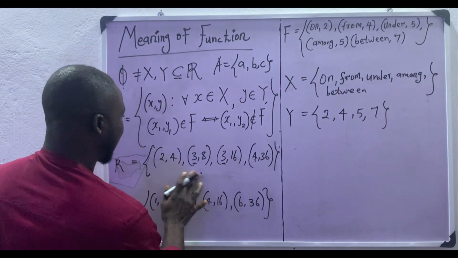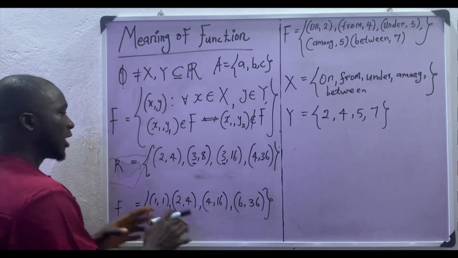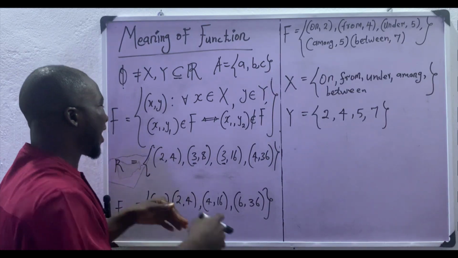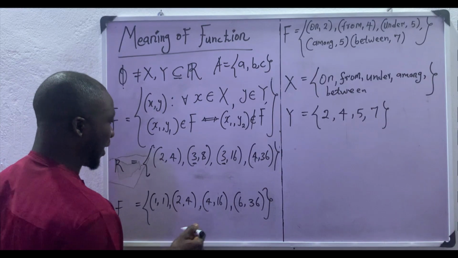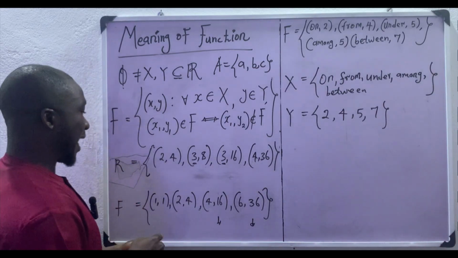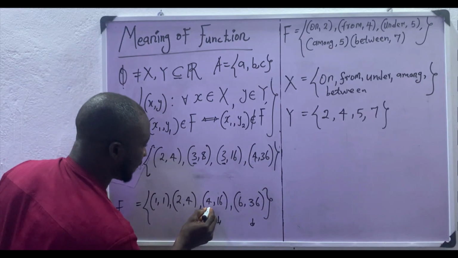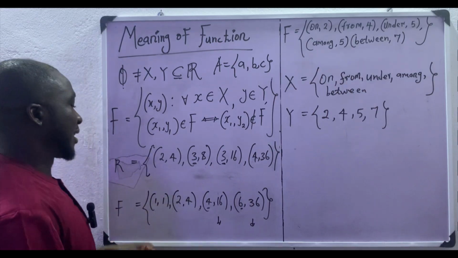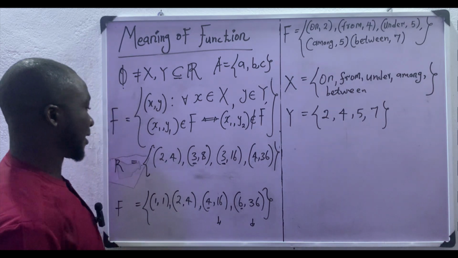But in this second set here, F, we discover that no two distinct elements we pick will have the same first entries. For example, if we pick this element and this element, they are different elements, and the first entry here is 4 and the first entry here is 6, which means that the two distinct elements we pick have different first entries.